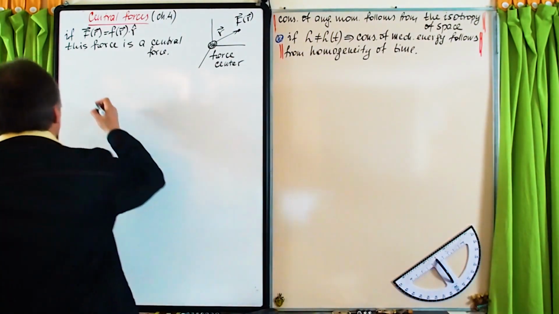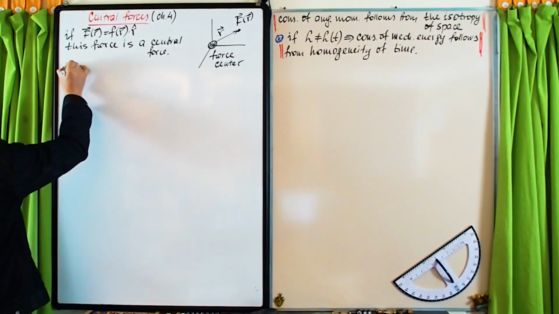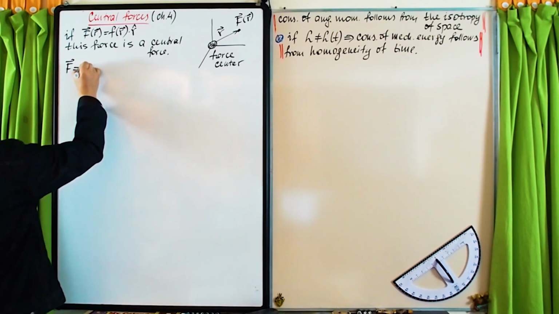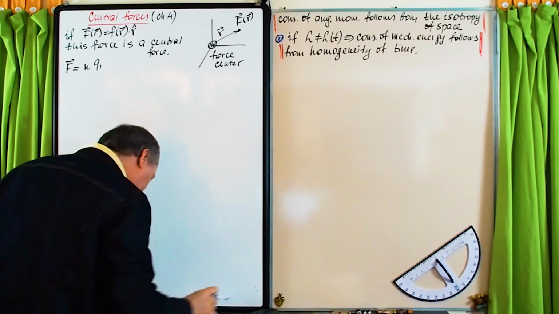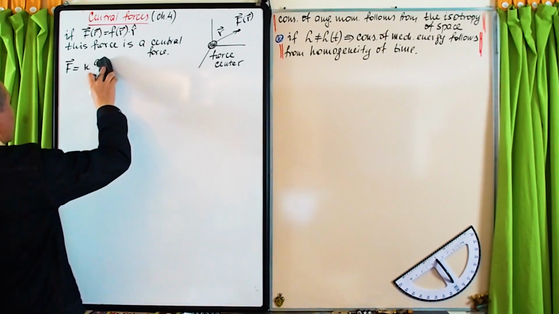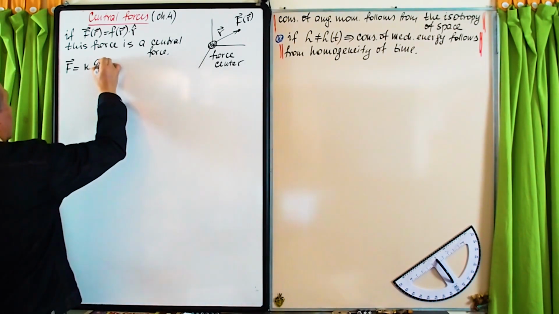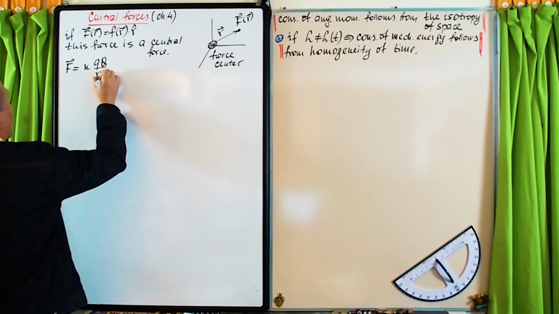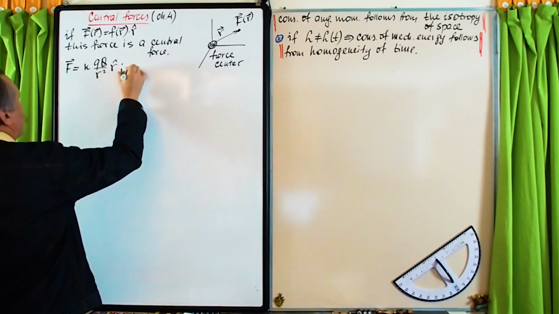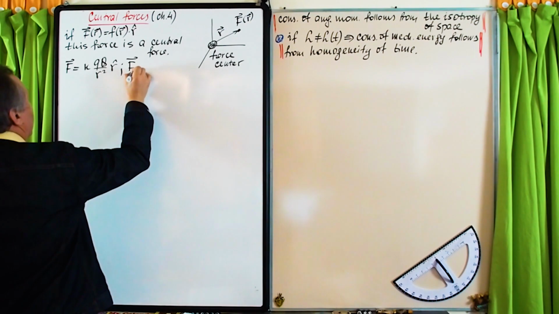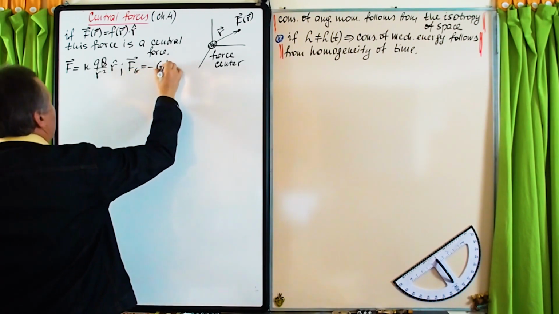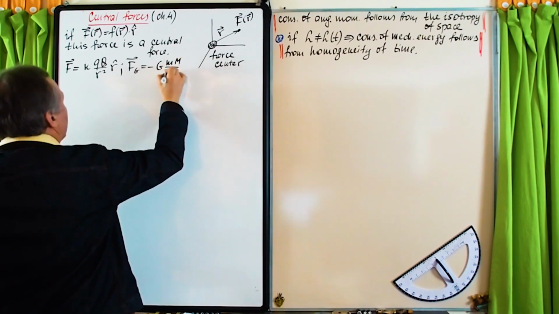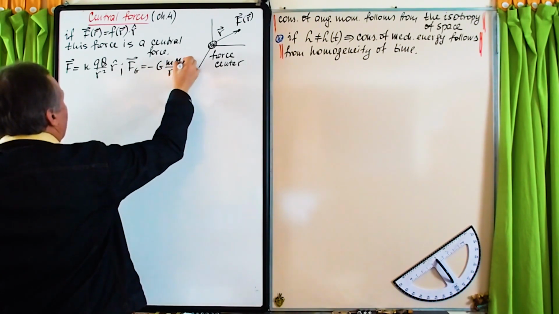Examples, of course, we all know. So F electric will be k, q small, Q capital over r squared r hat, or F gravitational will be minus G, m small, m capital over r squared r hat.